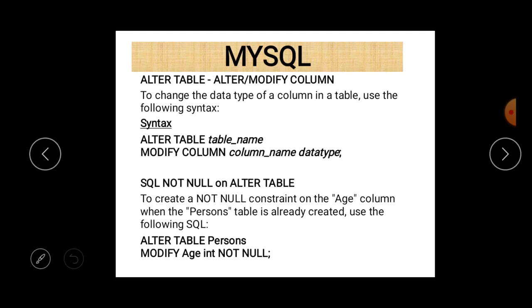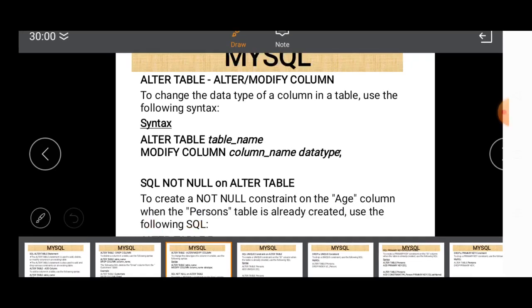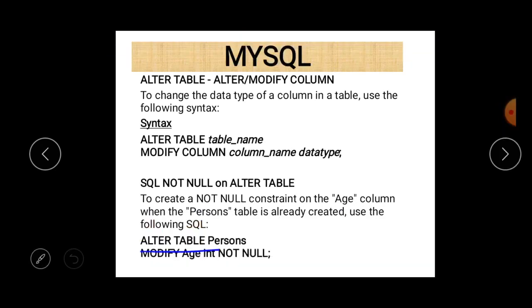First of all, let us talk about NOT NULL. Here you can easily see ALTER TABLE persons MODIFY age and just write NOT NULL. So modify, then the column name, which is age, after that the data type, and after that the name of the constraint, which is not null.